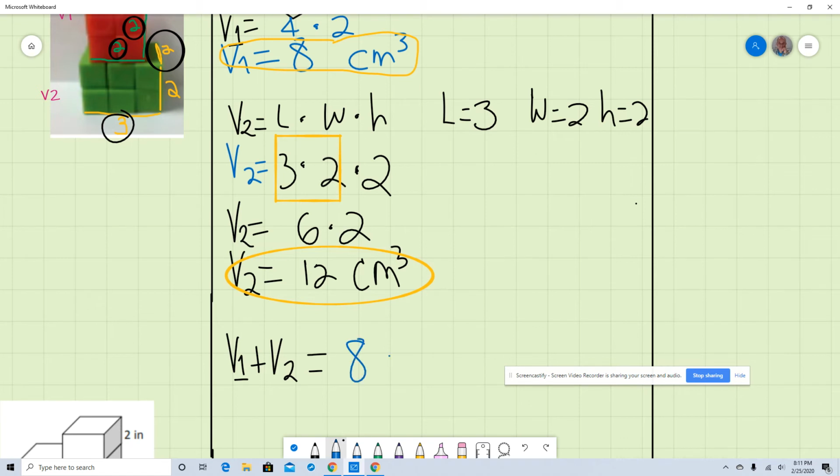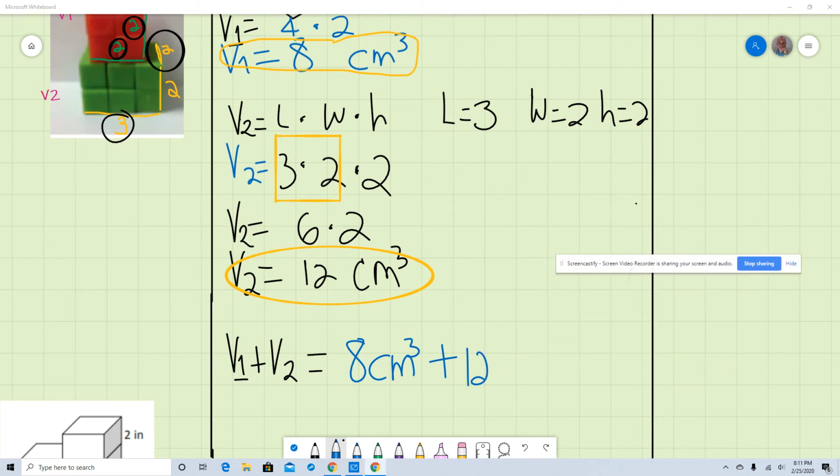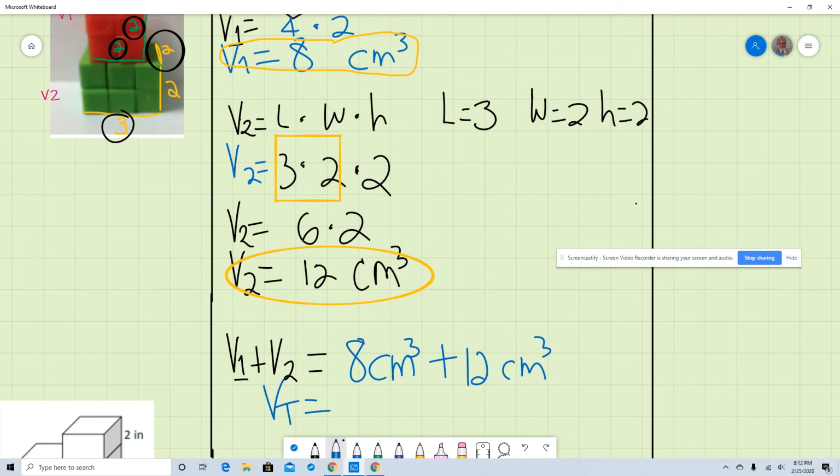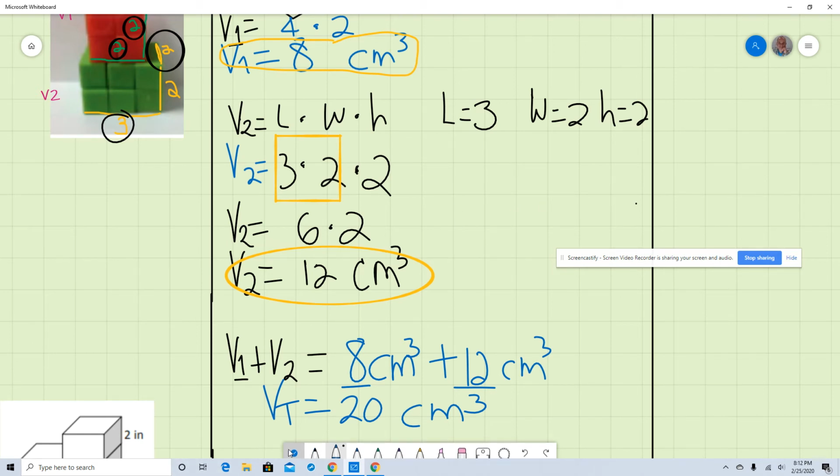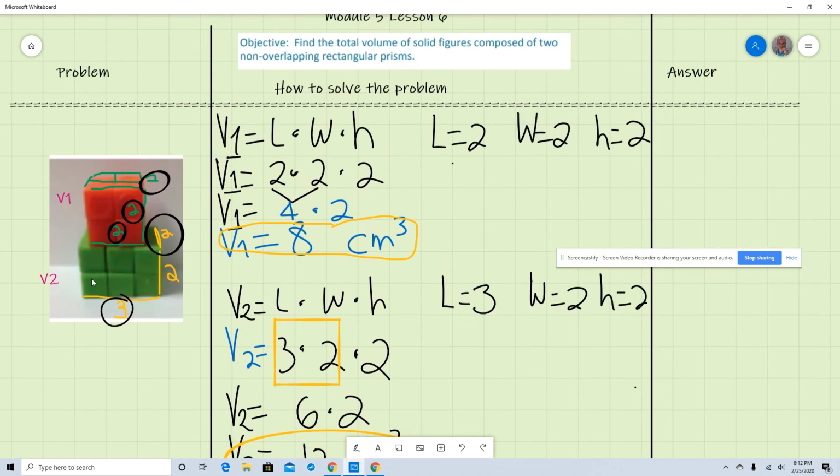That's 8 cubic centimeters plus 12 cubic centimeters. And the total of these two, we're going to call it T for total, is going to be 8 plus 12 equals 20 cubic centimeters. Okay, now that's how you get the total of this complex figure, as you can see.